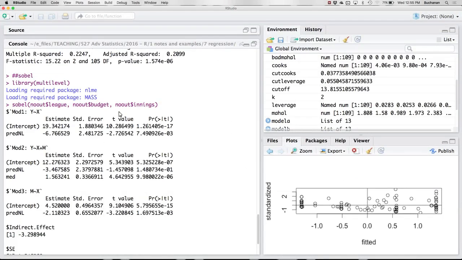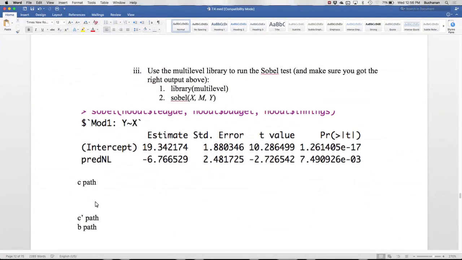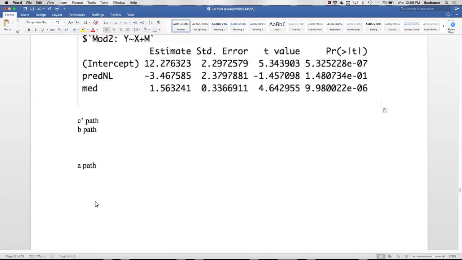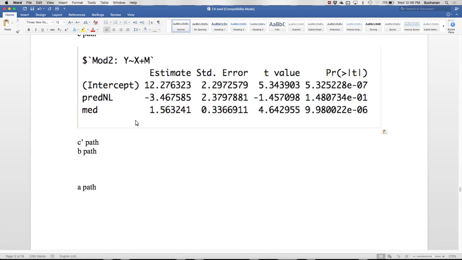Next thing it'll give you is actually B and C prime. So it gave me 3.47, cool, and it's called mediator in here, 1.56.